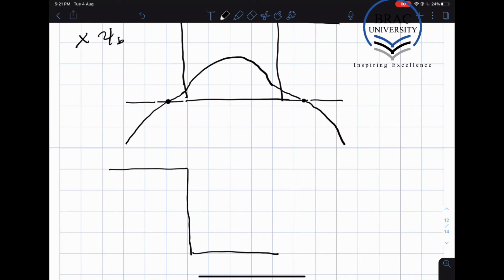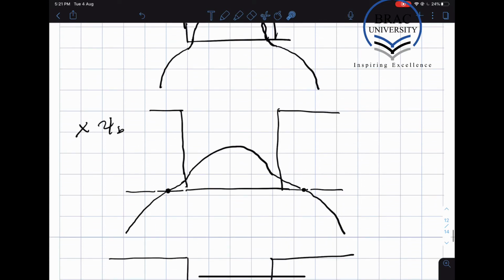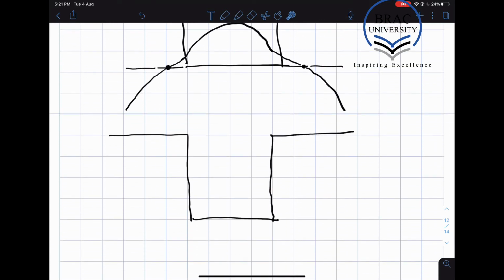Now let's see what EC is. EC is the lowest energy we have, and because it has lowest energy, the wave function has very little curvature in region 1. So in region 1, it'll be something like this.